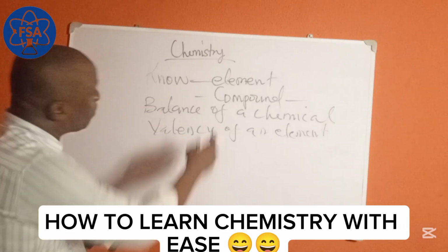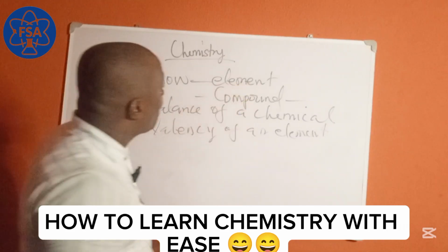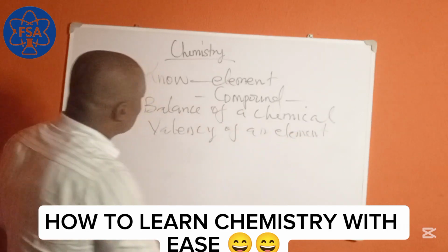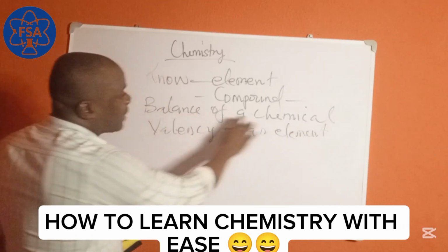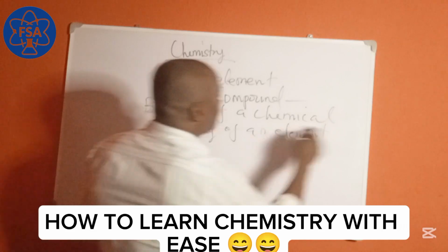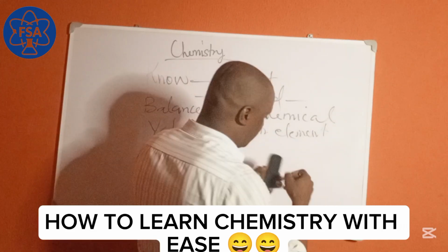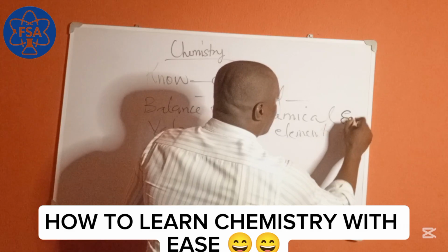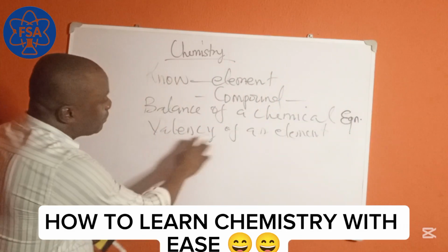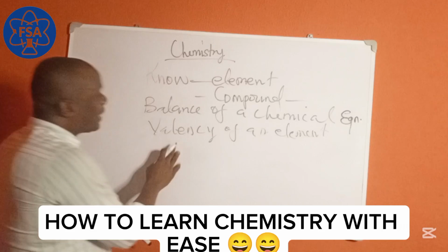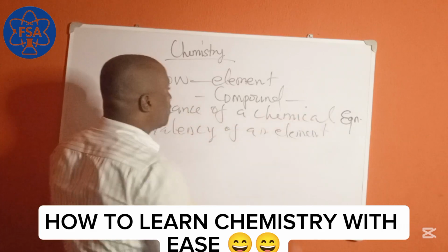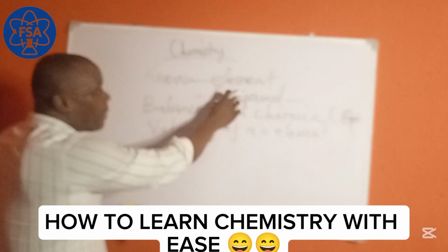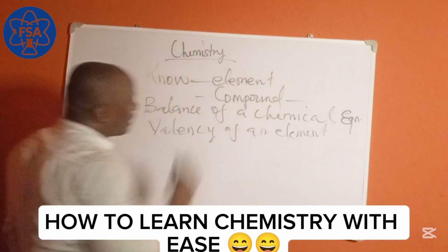To understand chemistry, you need to know your elements, compounds, valency, and the balancing of a chemical equation, because without understanding this, you cannot form a compound from another chemical substance.